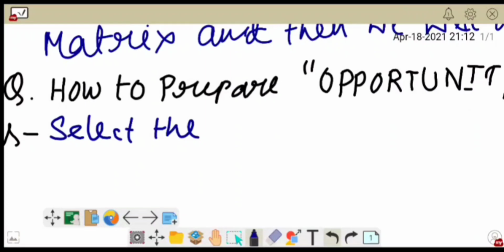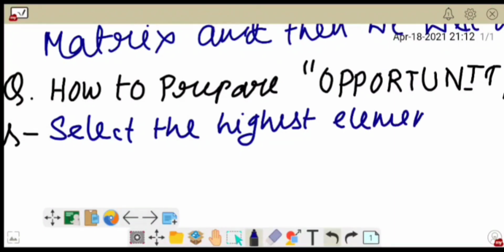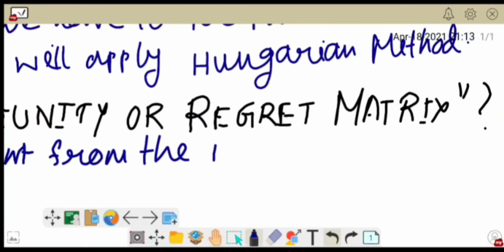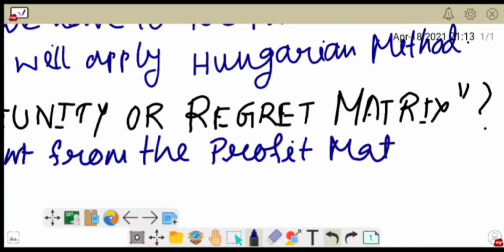Select the highest element from the profit matrix.